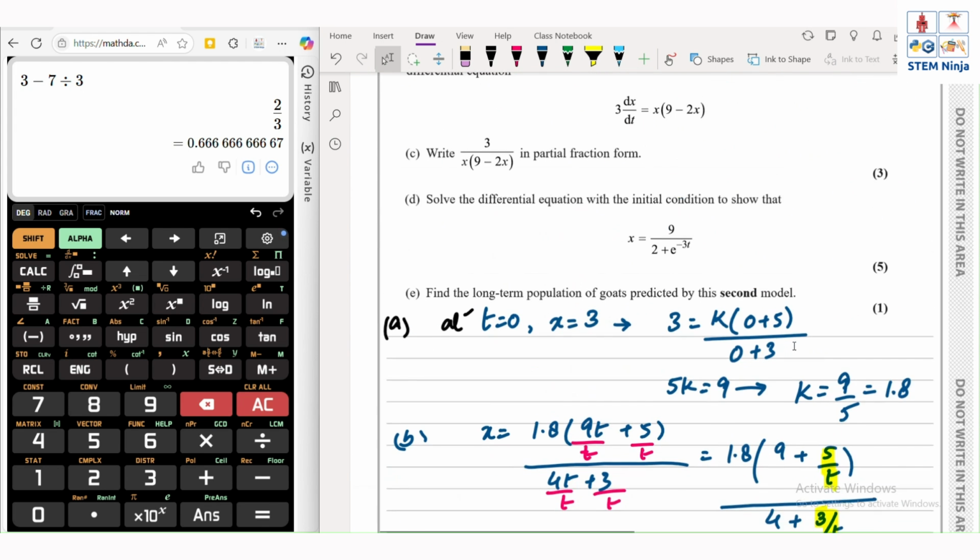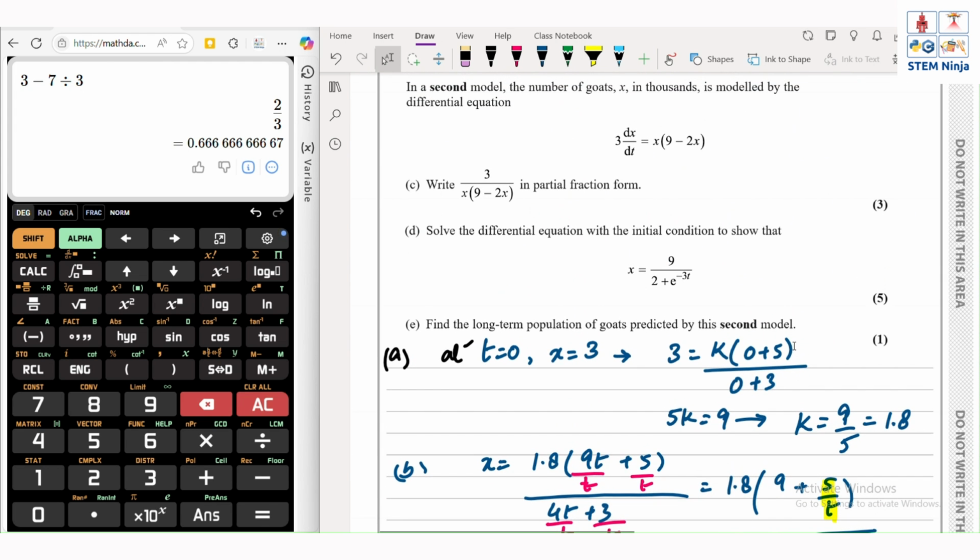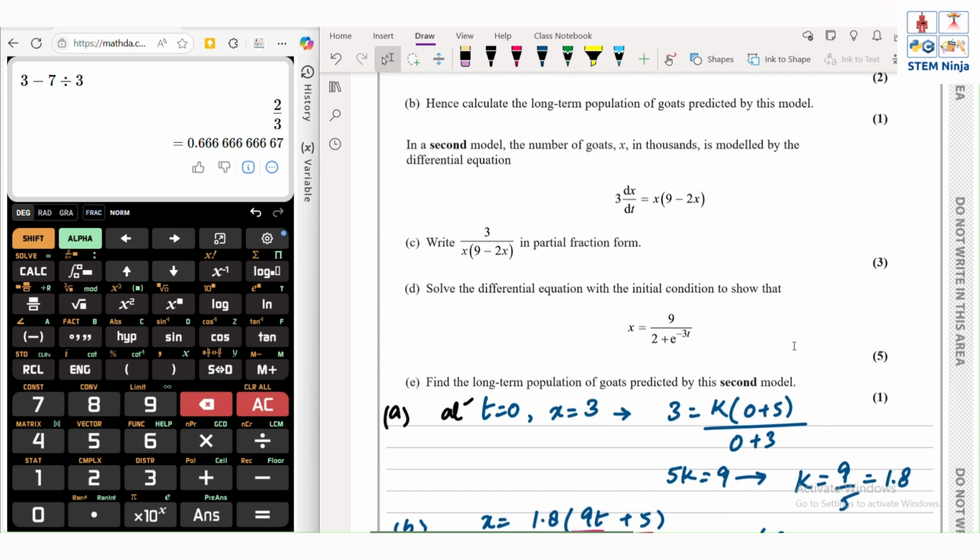All right, so let's solve the differential equation with the initial condition to show that x is equal to this.